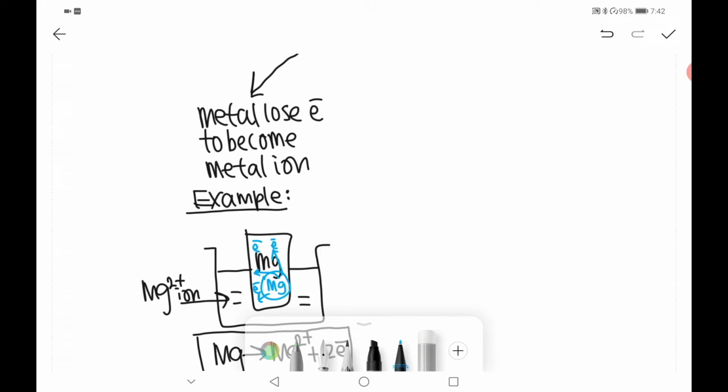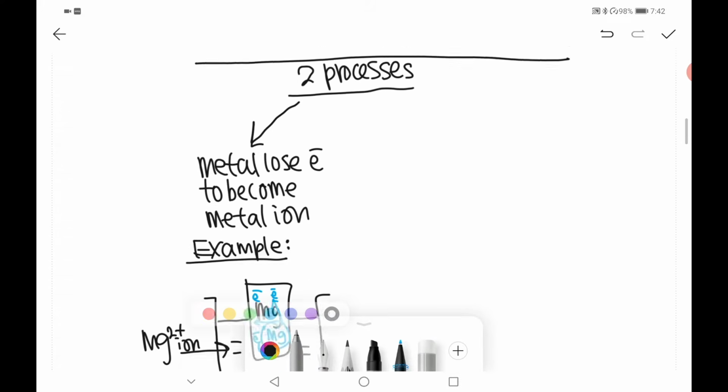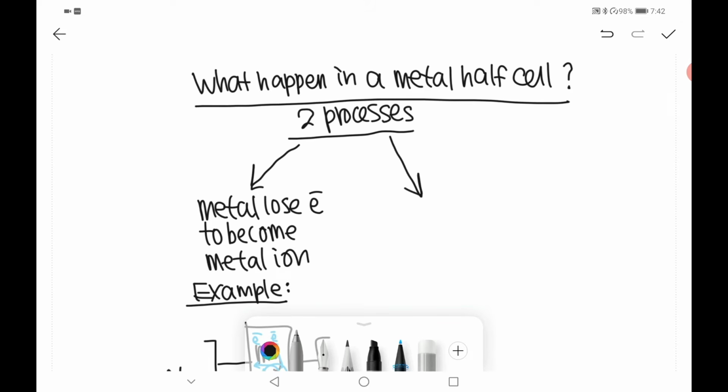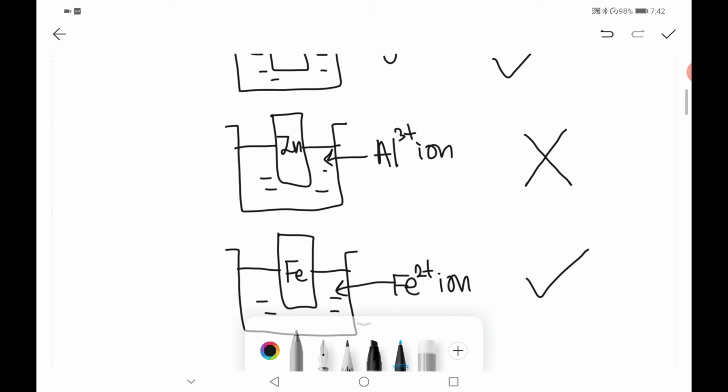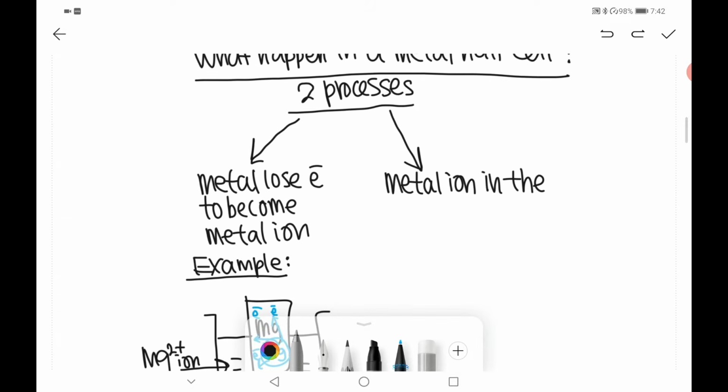Another process that is happening at the same time is that the metal ion in the solution, remember, just now for the half cell, we have solution, and in the solution we have metal ion.